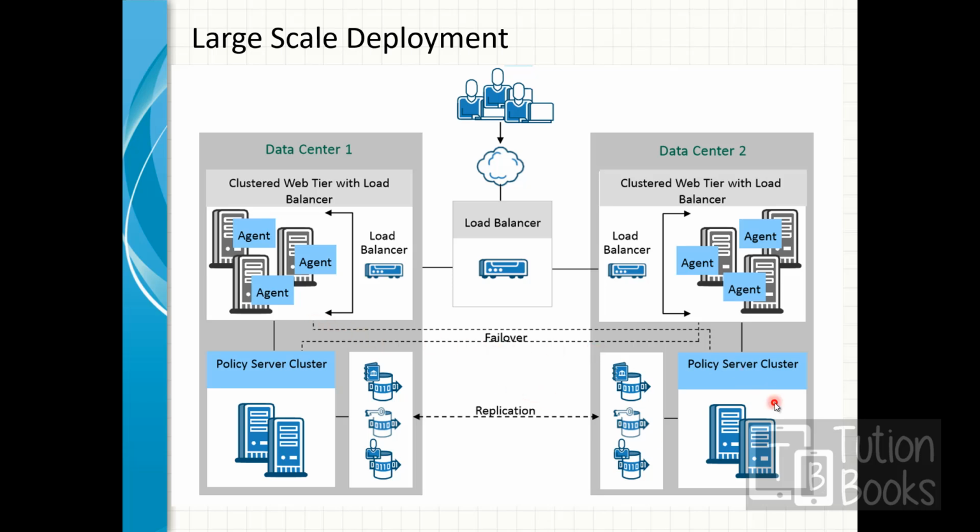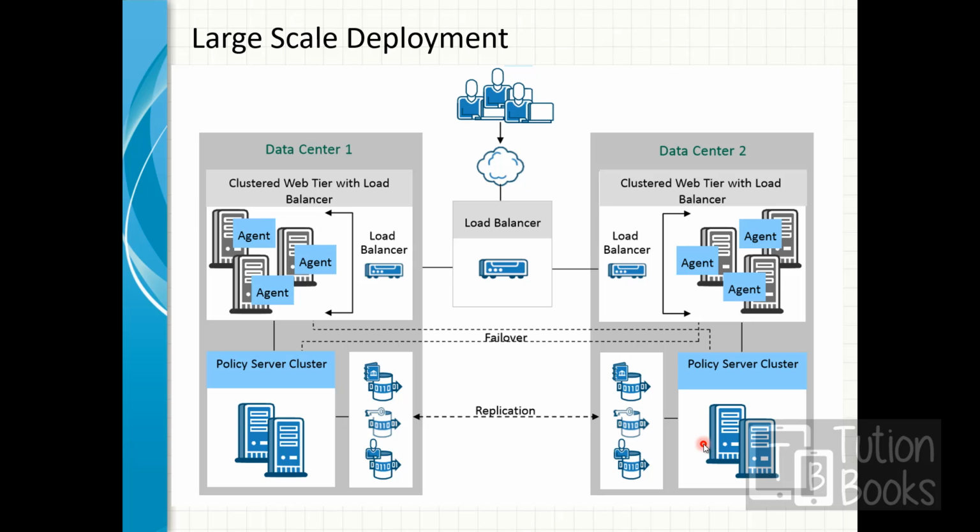The SiteMinder policy server is intelligent enough to manage the flipping of load balancing and failover itself. The agents in data center 1 are configured with policy server 1 and policy server 2, and the agents in data center 2 are configured the same way. All agents send ping requests to policy server cluster 1 and cluster 2 to find out which policy server is up and running.